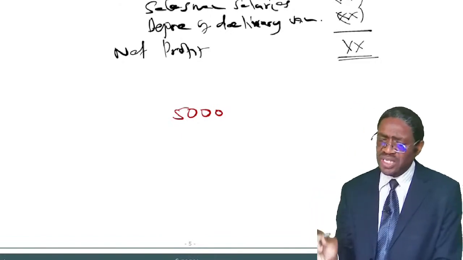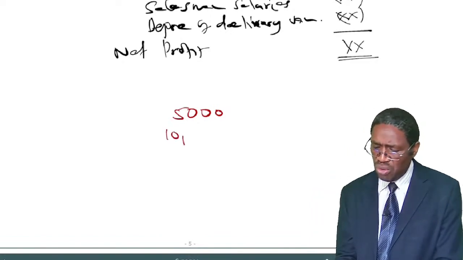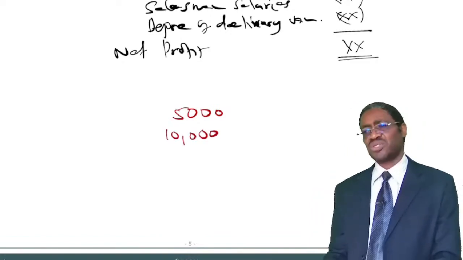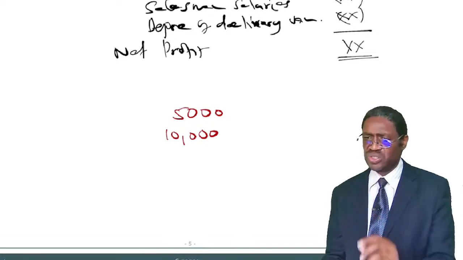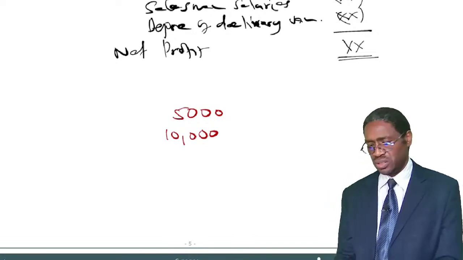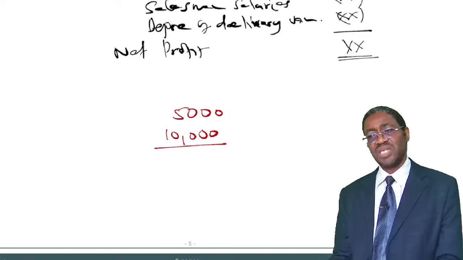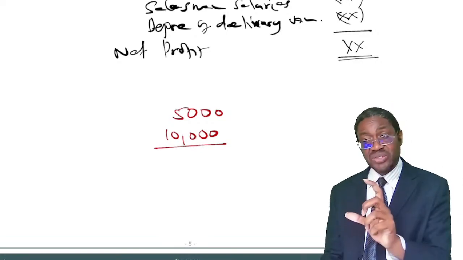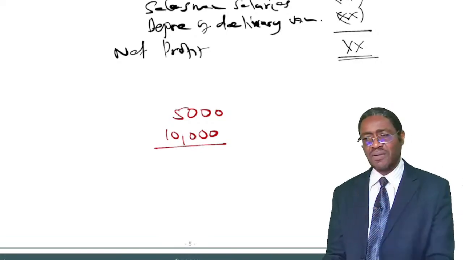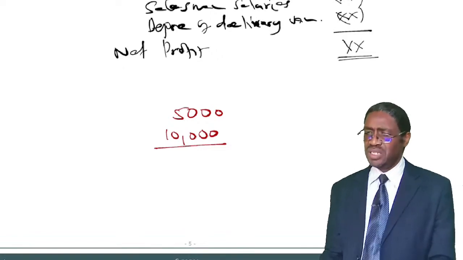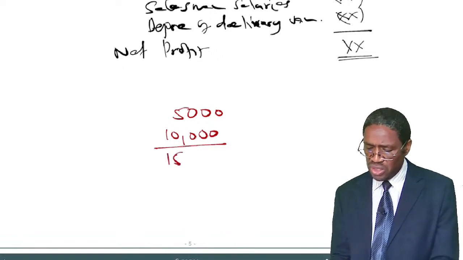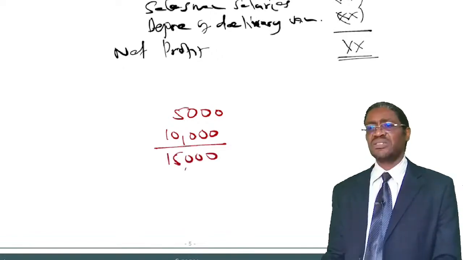Then during the year, maybe you bought some more amounting to 10,000 shillings. That means by the end of the year, you should be remaining with small tools worth 15,000.